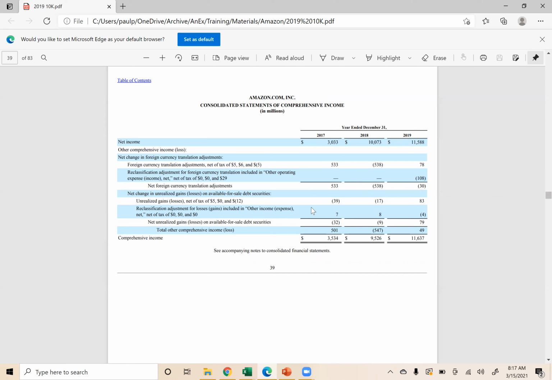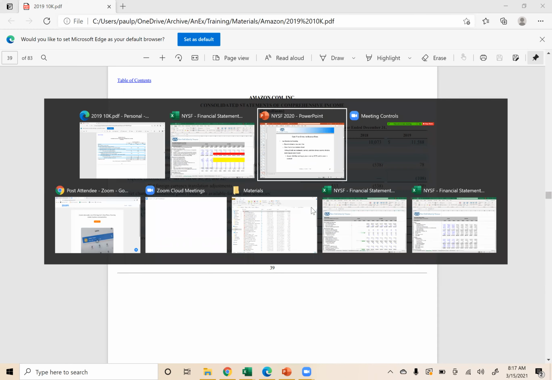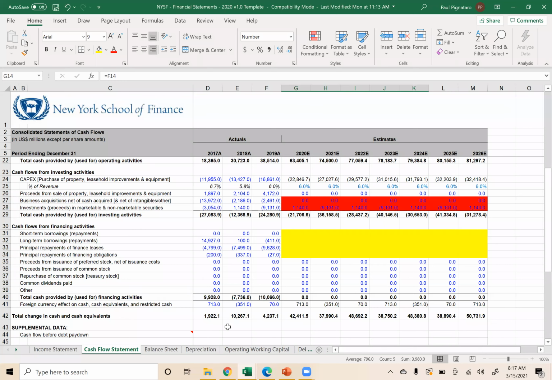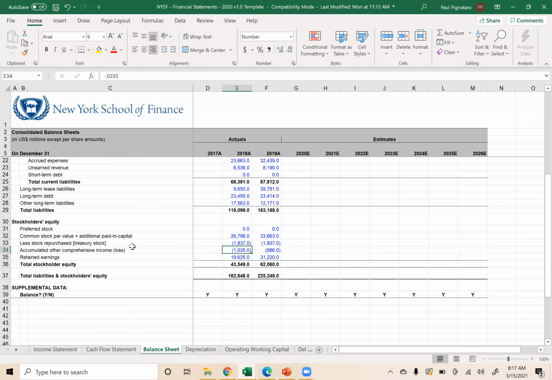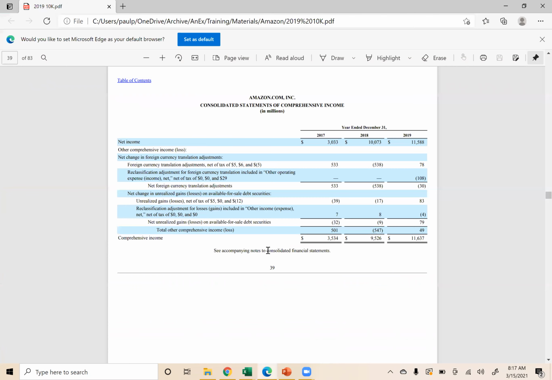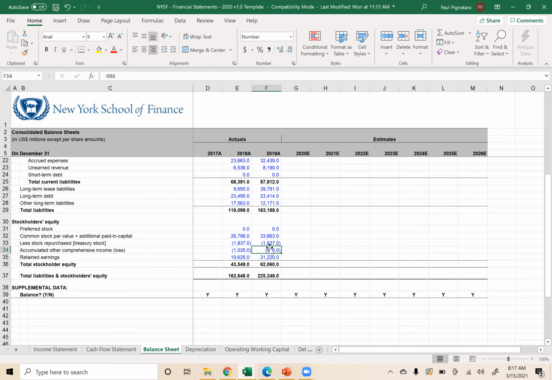These line items will flow into our balance sheet under the section other comprehensive income right here. And I'll show you how that flows. But basically, if you see line items like this in the cash flow statement, we will link those. They will flow into the other comprehensive income. So it'll make more sense when I talk about how this gets modeled. We're going to talk about that right now.